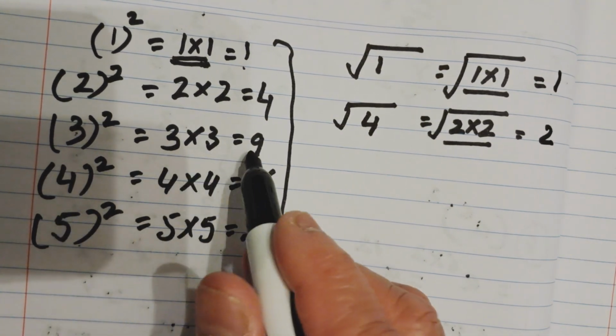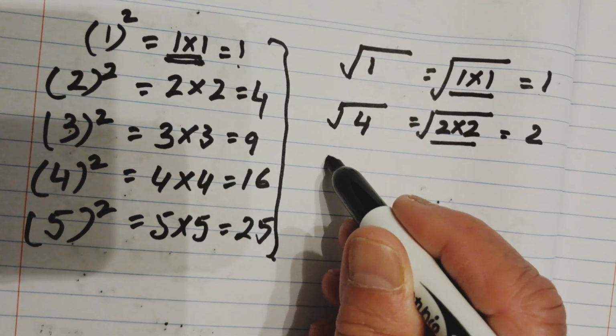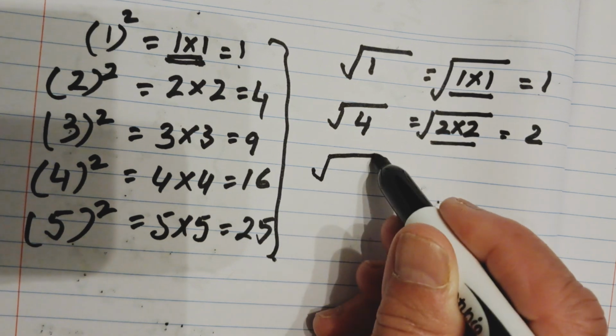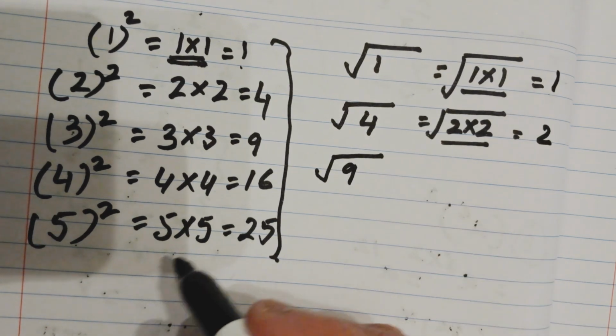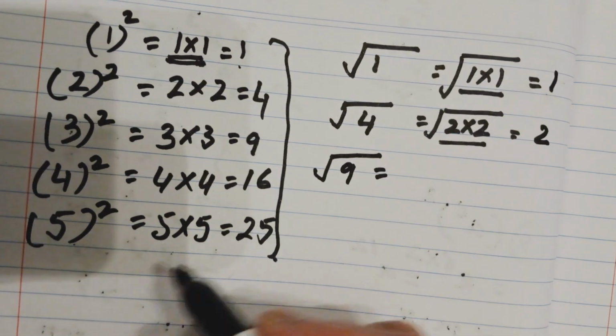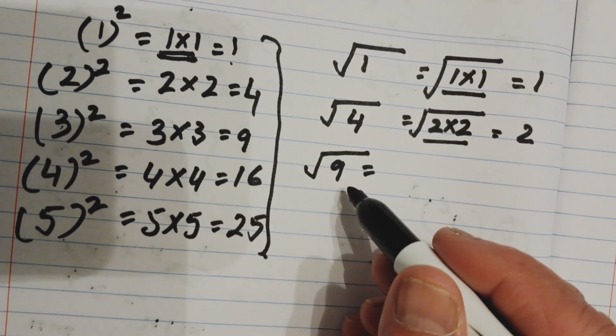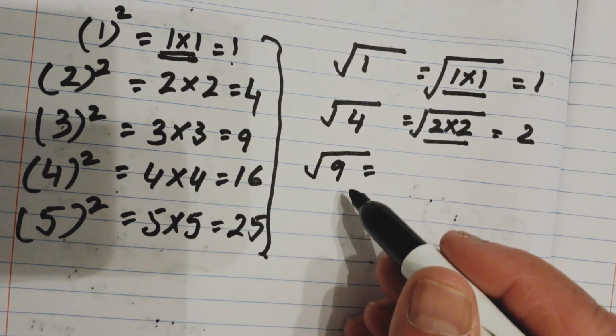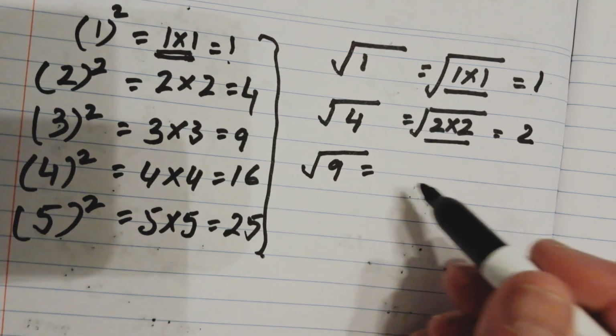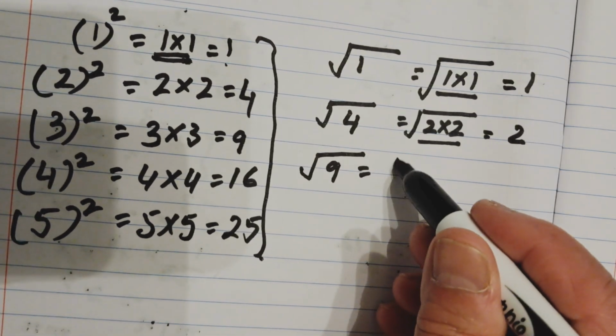Now we will see the square root. This is the sign of the square root. The square root of 9 means which number multiplied by the same number is 9. 3 times 3. You must remember the timetables.